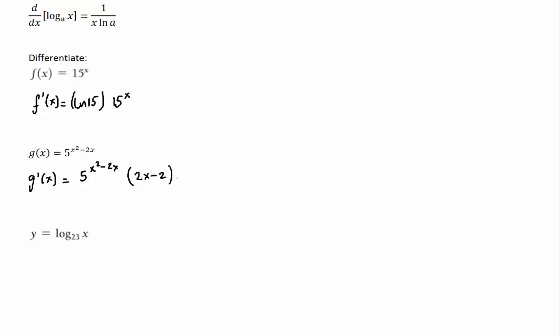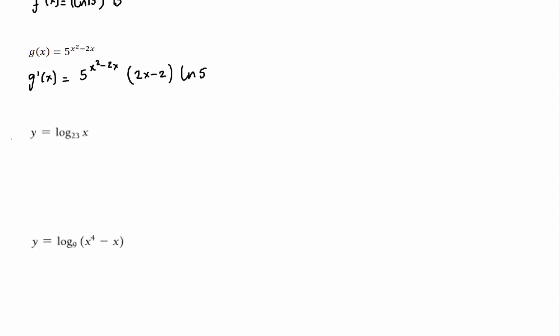And then, because I'm not taking the derivative of e to something but 5 to something, I pay with the natural log of 5. So you do the same thing as before, that is, copy the exponential, multiply times the derivative of the exponent, and you add one extra term, which is basically what you pay for changing your base. So that's basically how you calculate these derivatives.